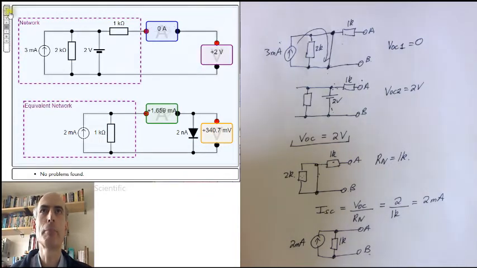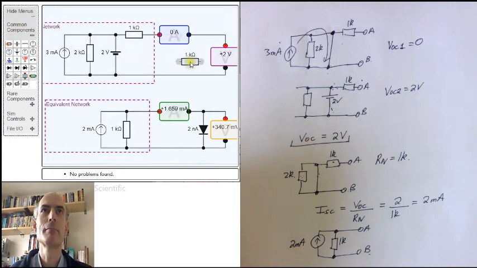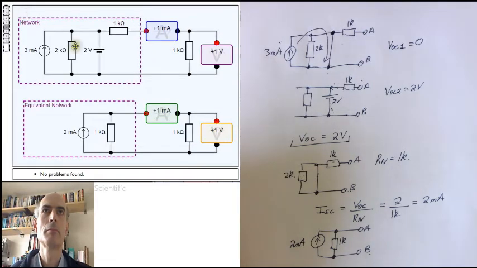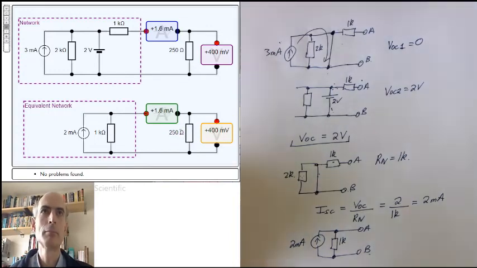Let's have a go at doing that. Yep, again, same voltage, same current.